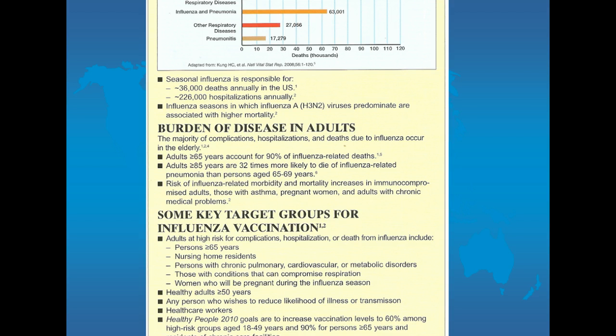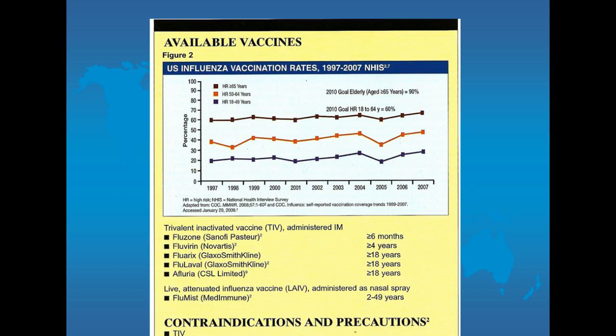And toward the end, I think I have a link to get the current Massachusetts recommendations for treating STDs as a hyperlink as well. But I actually have copies of that, so if somebody wants a copy, I'm happy to give it to you. Okay, so this is available vaccines.